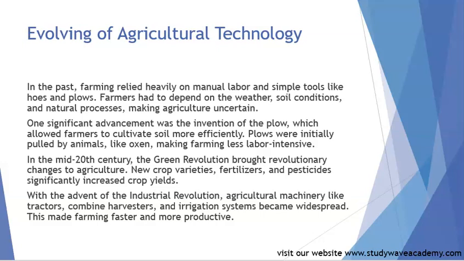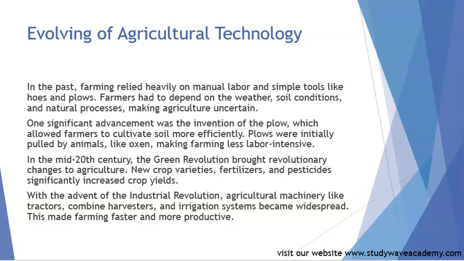Farmers had to depend on the weather, soil conditions, and natural processes, making agriculture uncertain. One significant advancement was the invention of the plow, which allowed farmers to cultivate soil more efficiently. Plows were initially pulled by animals like oxen, making farming less labor intensive.